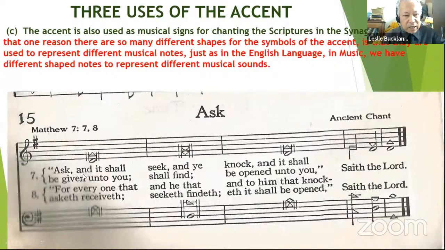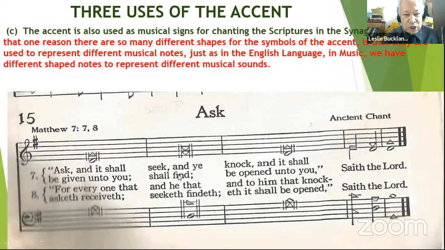So let us pretend this is what's happening here. These are words taken from Matthew chapter 7, verses 7 and 8. And all of this line, ask and it shall be given unto you, is in the note of do. The triangle at the top represents the sound do.